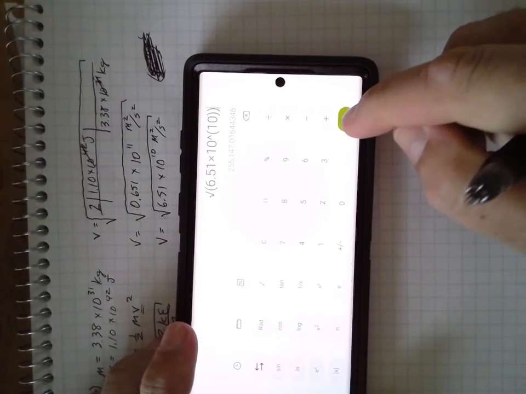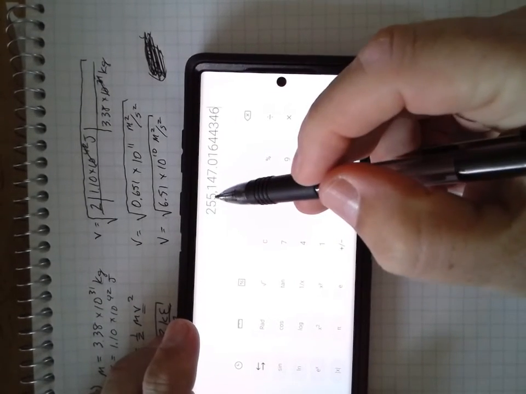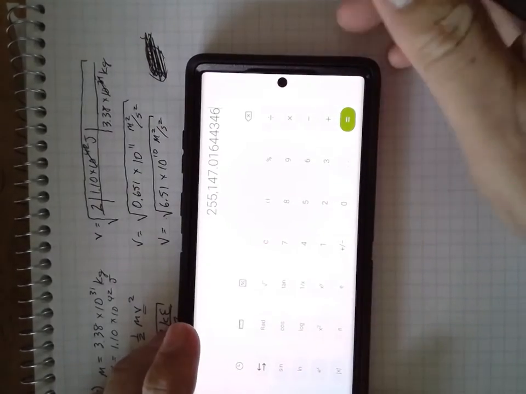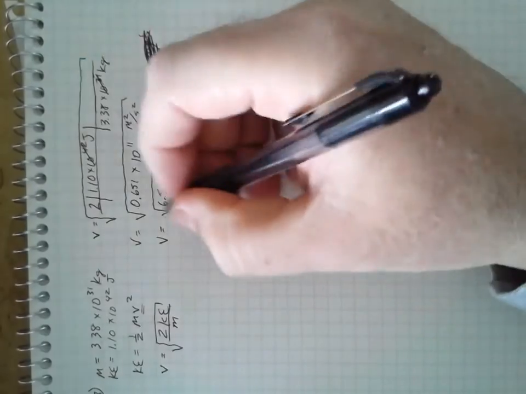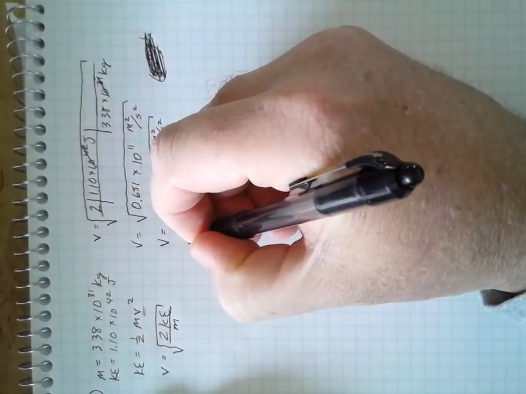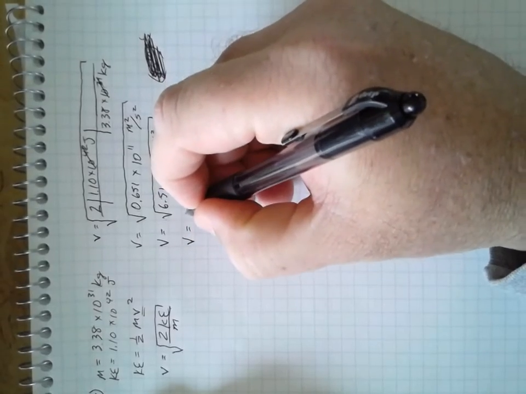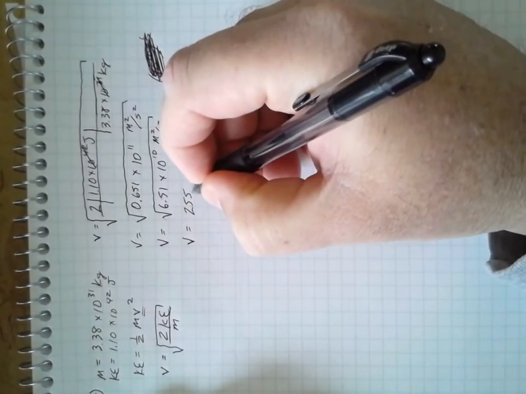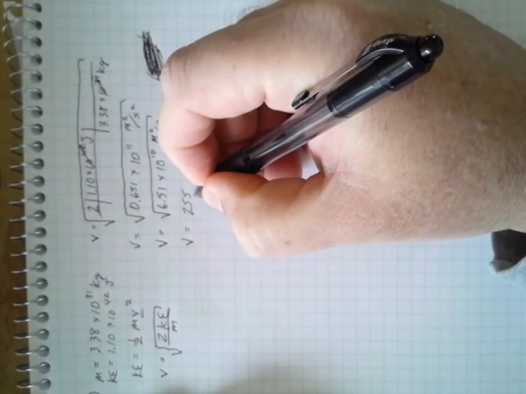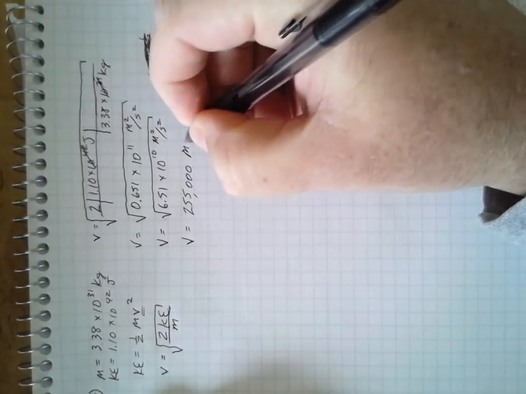When I hit equals, I end up with 255,147. I don't need all those numbers, so all I'm going to use is velocity equals 255, and I'm just going to put zeros at the end of that, 0, 0, 0. This will be meters per second.